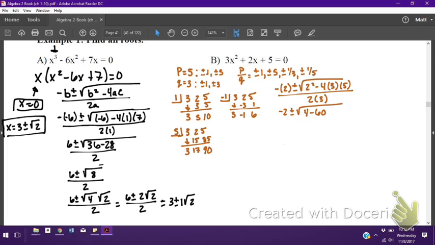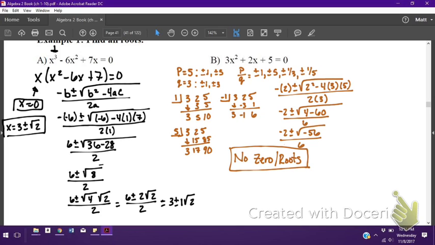So minus 60 all over 6. Well, okay. It's going to get us negative 2 plus or minus the square root of negative 56 all over 6. Well, already I can see that I have an imaginary number. Well, there's no such thing as real solutions for imaginary numbers. So in this case, that's going to tell us that we have no zeros, or in this case, no roots. So this function has no roots.